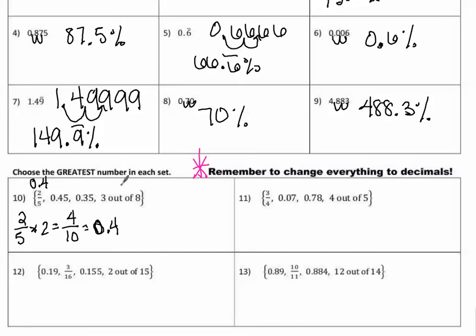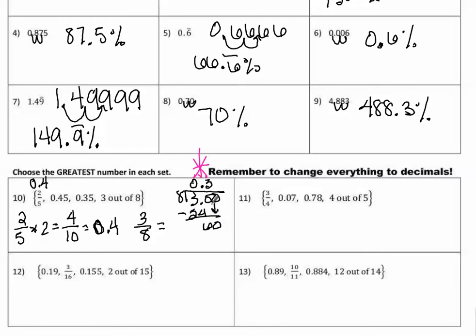45/100, 35/100, and 3 out of 8. You will need to long divide. Remember, top dog goes in the house. 8 goes into 3 0 times. 8 goes into 30 3 times. That gives you 24. 30 minus 24 is 6.